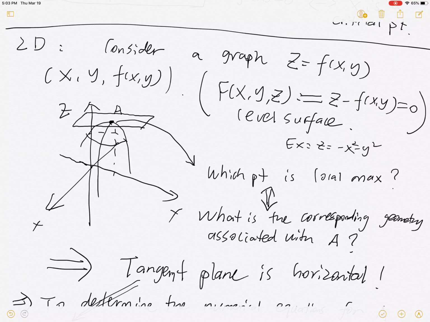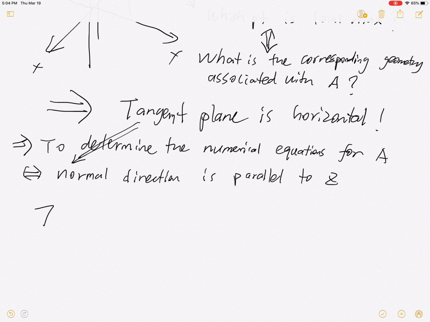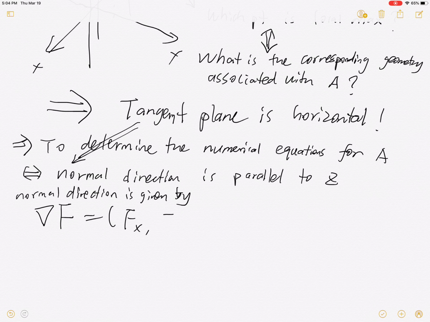Now if you use the form F(x, y, z) equals z minus f(x, y), and in the last lecture we learned the normal direction is given by the gradient of F, and the gradient of F is defined by (Fx, Fy, Fz).